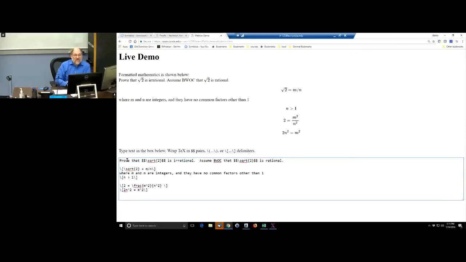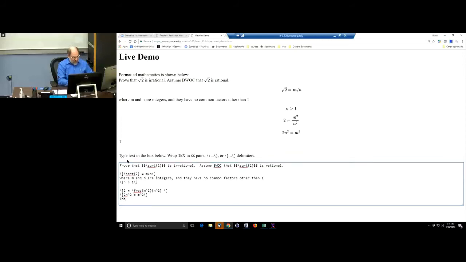And what does that tell us? Well, it tells us that m squared must be an even number, which we know means, from our last proof, or its corollary, that m must be an even number as well. So keep that in mind: m is an even number. Now, if m is an even number, then there is some k for which m equals 2k.